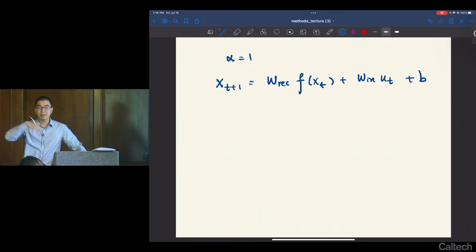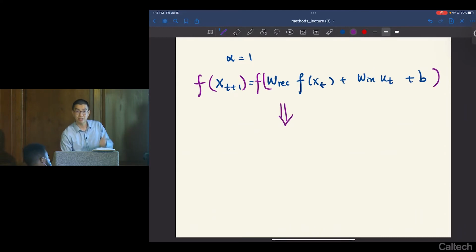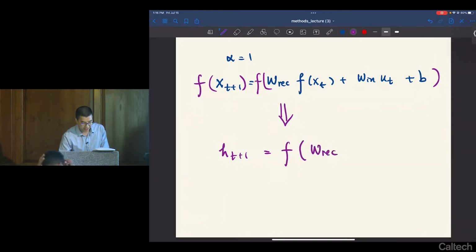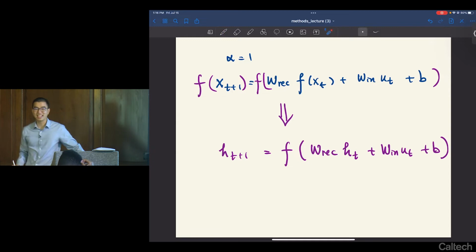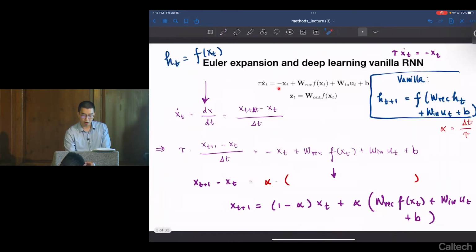And then if I wrap an f around both sides of this equation, then this becomes f of xt plus 1, the hidden state h of t plus 1, equals f of w recurrent times h of t plus w in ut plus b. So if you ask a machine learning person for a vanilla RNN, this is the equation they'll have in mind, and the way that it relates to our continuous time RNN is just a setting where delta t is equal to tau.